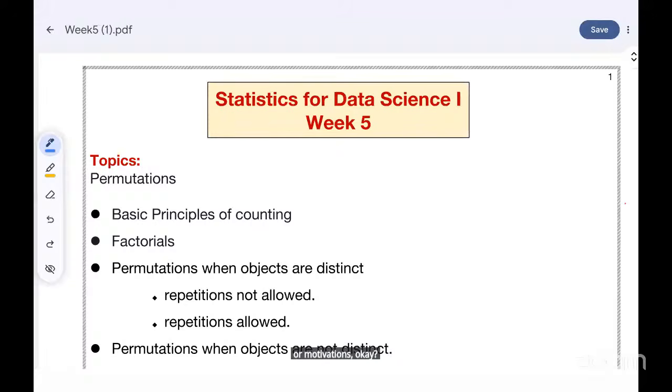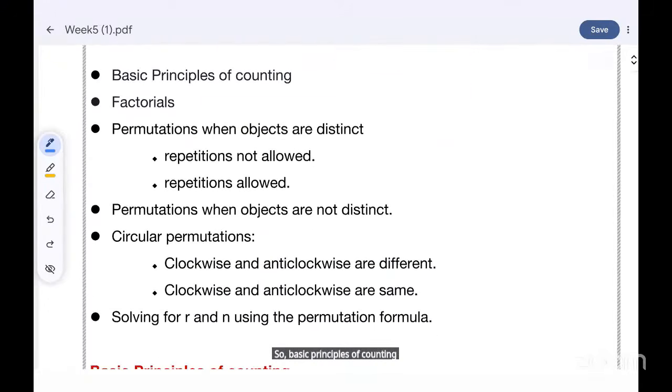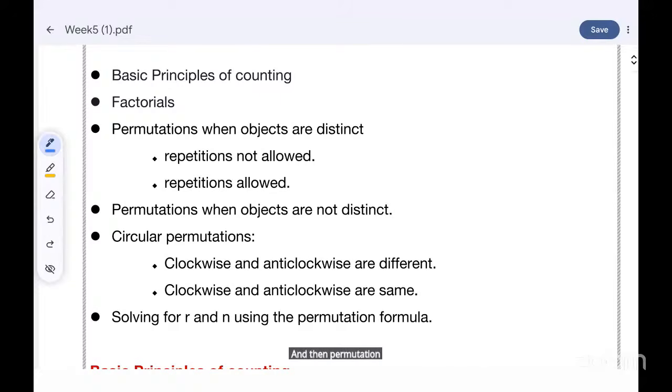In this week, particularly, we are going to concentrate on the following topics. Basic principles of counting, factorials, permutations when objects are distinct. Here, repetitions not allowed and repetitions allowed, two different subparts. And then permutation when objects are not distinct.